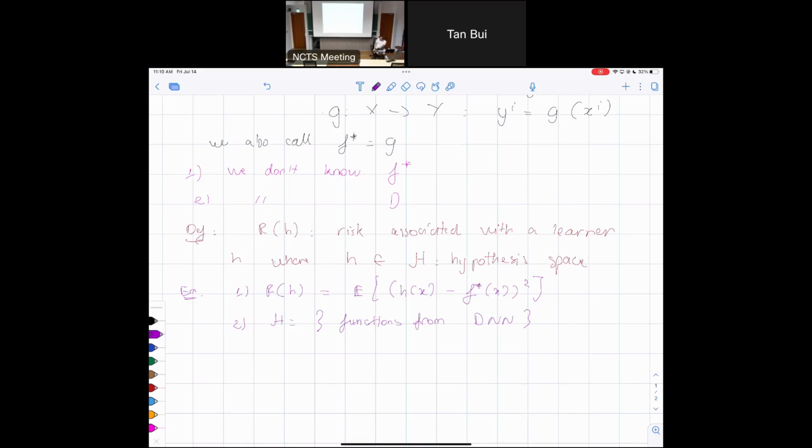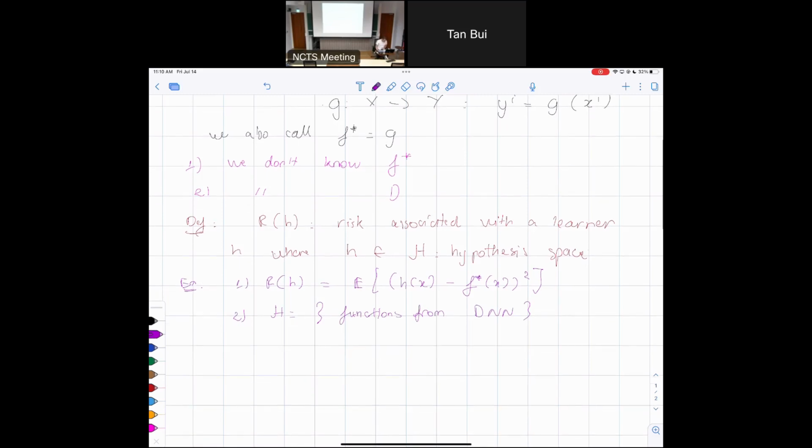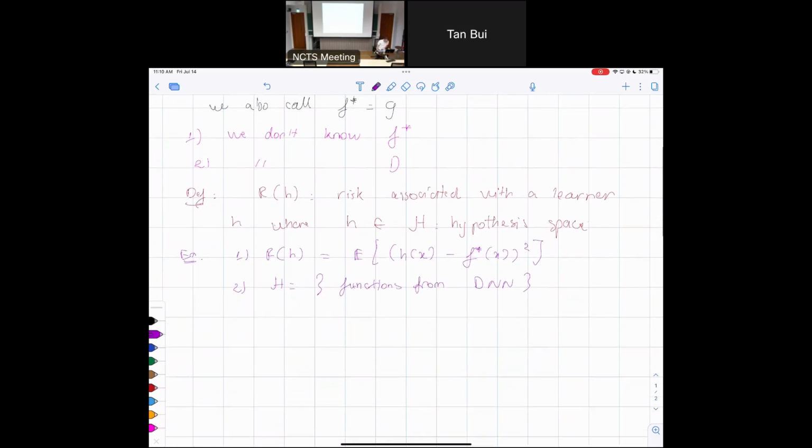So this is a set of functions from DNN that we looked at before. A few days ago, we spent a lot of time on deep neural networks. For each weight and bias we have one function, so h is just one of them. And we call it a learner; that's the language of machine learning. Okay, so that's what we have so far.